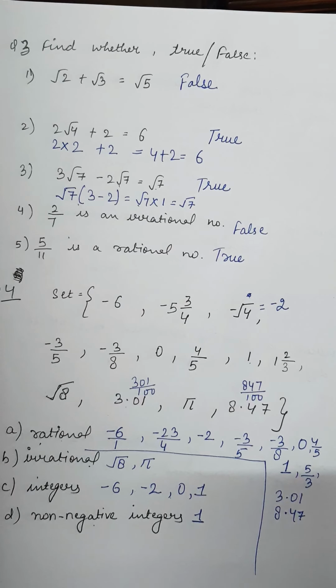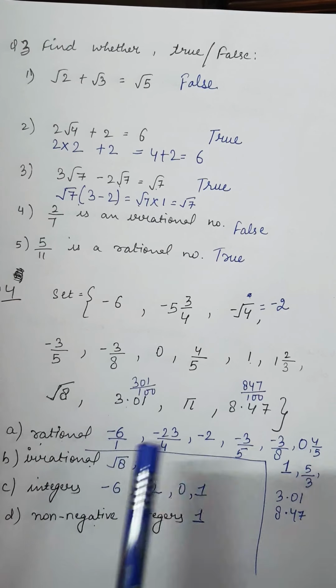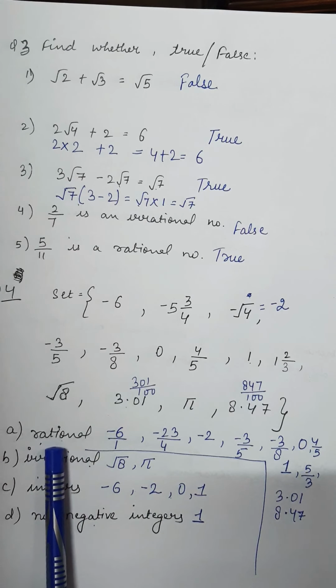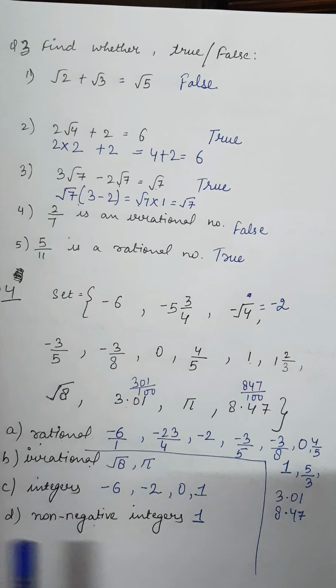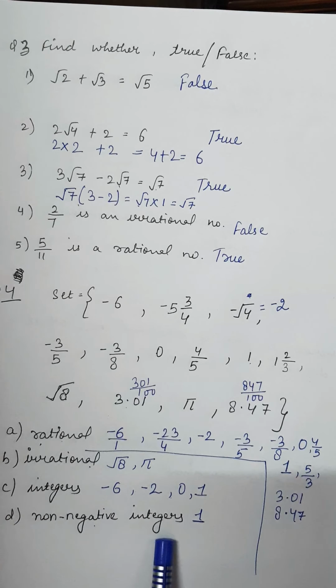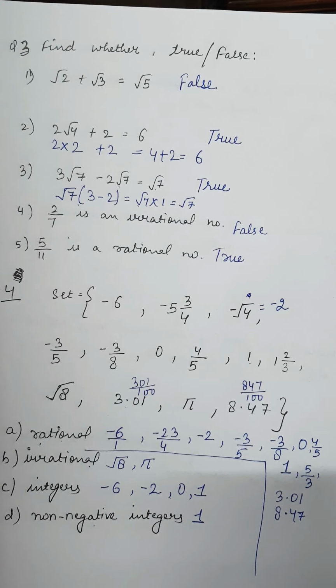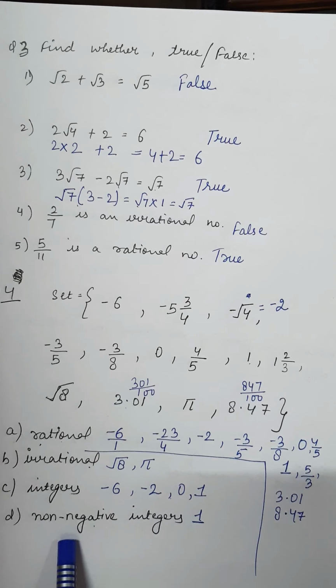Right. Now the first thing I want you to ask: what about 0? 0 we have fixed in rational and integers. What about non-negative integers? Non-negative integers means all those integers which are either positive or 0.